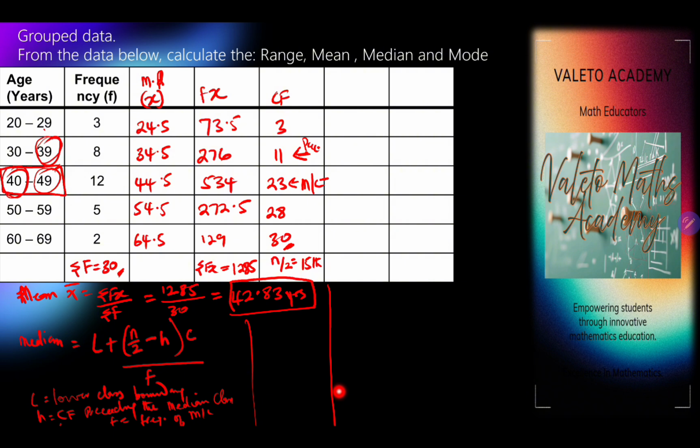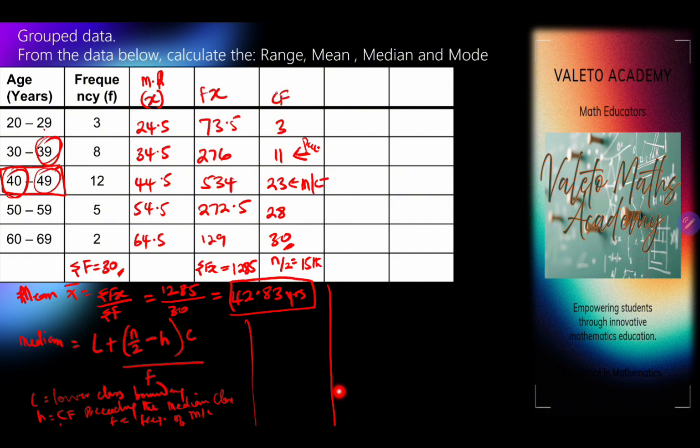But take notice that the value here is 39 and the value here is 40. It means that there is a gap. Any age that falls between 39 and 40 will not be captured in this data set. For instance, 39.2, 39.3, 39.4 are not included here.